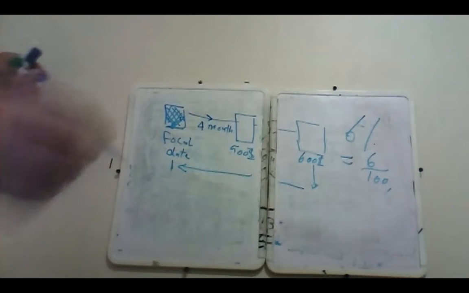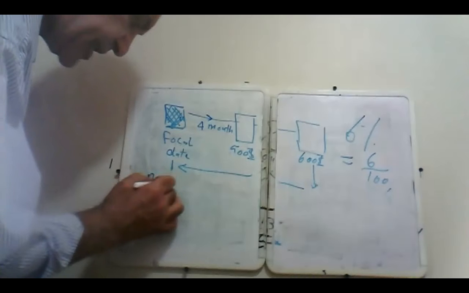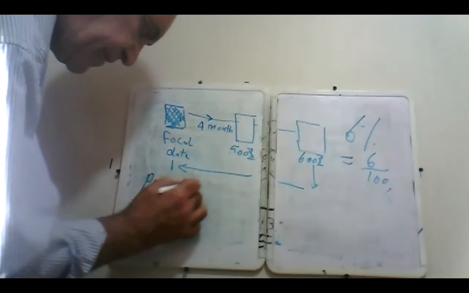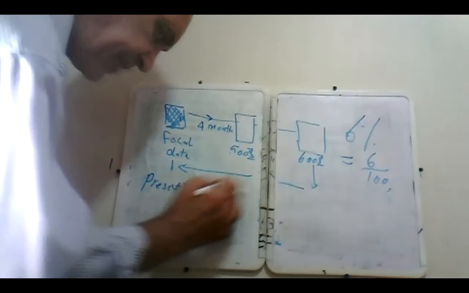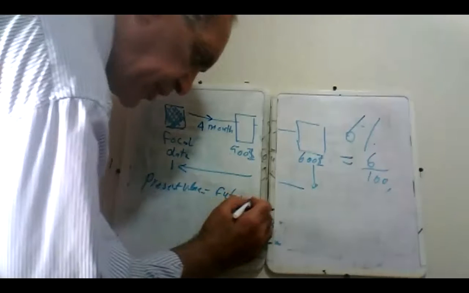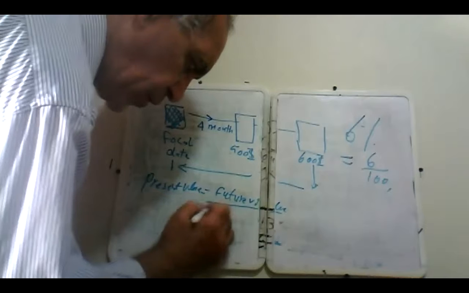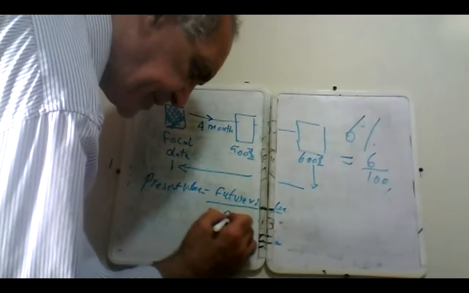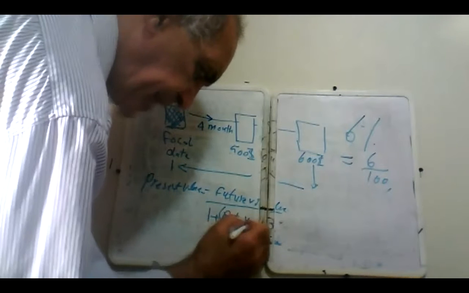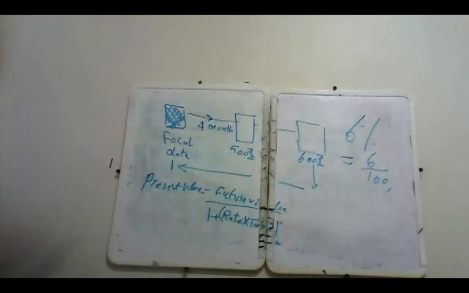Same thing. The present value equals the future value divided by 1 plus rate times time.